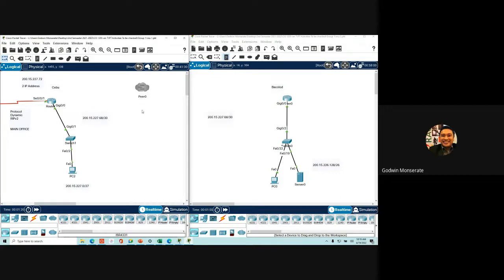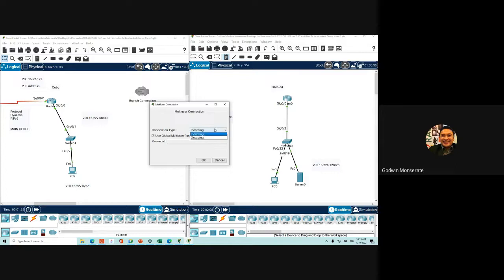Okay, this is branch connection. Okay. So, we will open this, incoming, then outgoing ta. Then, since nag-listen ta dito sa PCAS and the port number there is 38002, then we will connect.